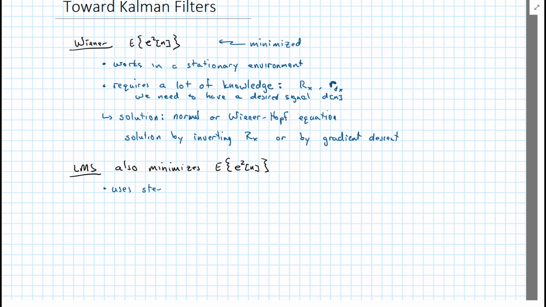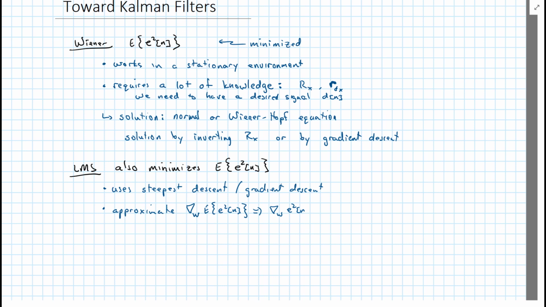And often people use the word steepest descent for that, but it differs from the gradient descent for the Wiener filter in that we approximate the gradient with respect to w of the expected value of e squared of n with just the gradient of e squared of n.